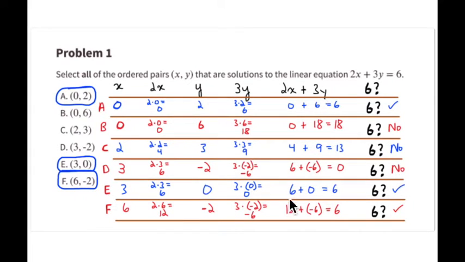D doesn't work, but E and F both do work. 2 times 3 is 6, 3 times 0 is 0, so that adds to 6. 2 times 6 is 12, 3 times negative 2 is negative 6, 12 plus negative 6 equals positive 6, so that one works. So there are 3 points from this table that will be on a line that is the graph of this equation.